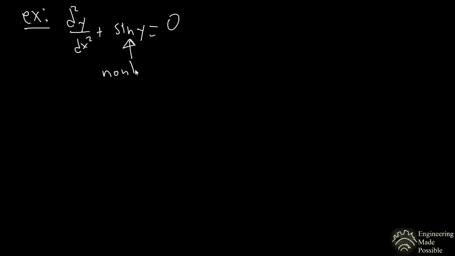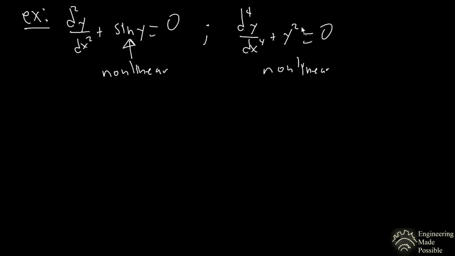So this differential equation will be classified as nonlinear. Another example would be the fourth derivative of y with respect to x plus y squared is equal to 0. In this case, this would also be a nonlinear equation due to the power exponent on the dependent variable being anything other than 1, right? It's squared, cubed, and so forth.